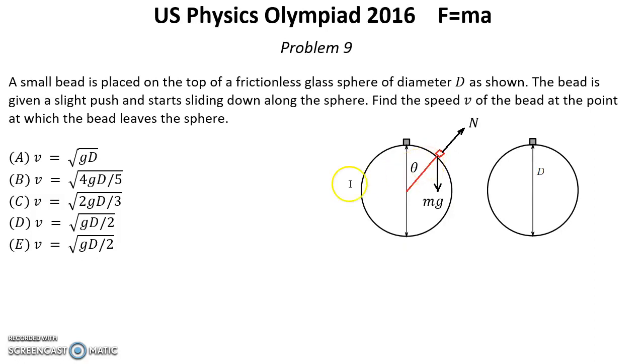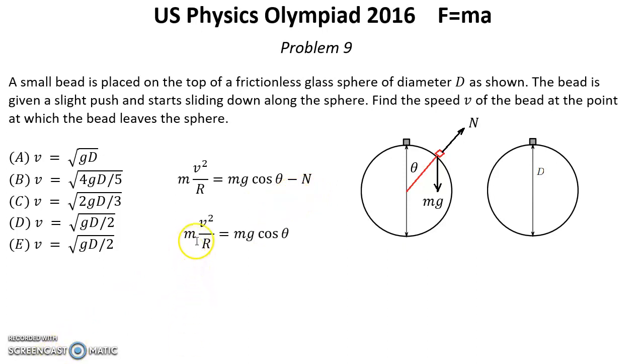And that's equal to the net force from the normal force and mg. We have m v squared over r equal to mg cosine theta, which is a projection of mg on this direction, minus the normal force. And the condition for the bead to leave this sphere is when the normal force equals 0.